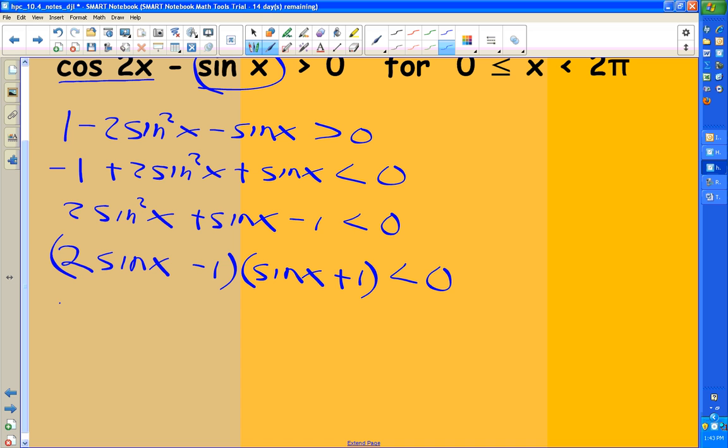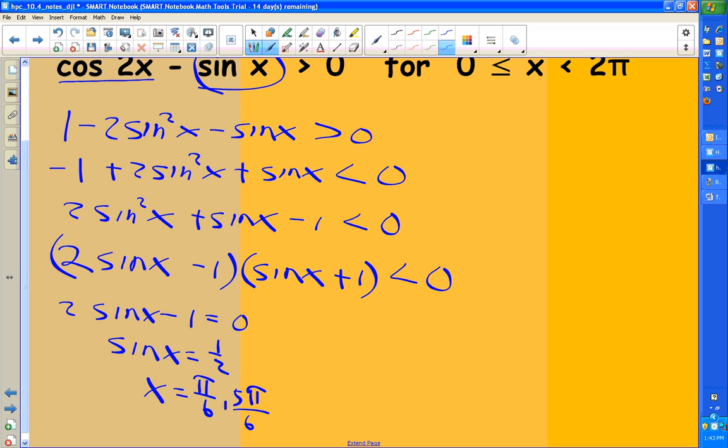So if we say, okay, 2 sine x minus 1 is equal to 0. We'll come back to the inequality in a second. You're going to get the sine of x is equal to a half. What is x going to be? Pi over 6, and what was it? 5 pi over 6.